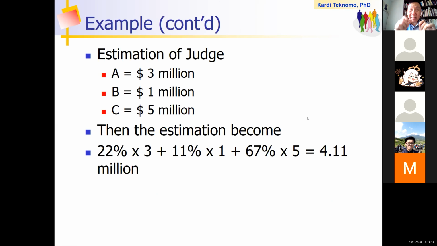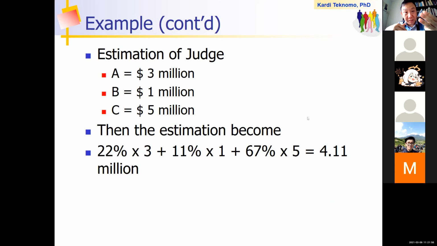If it is a dice, the probability is 1/6. That is based on theory. Second way is based on data. That means you calculate based on relative frequency. How much is the frequency of that event divided by the total frequency. So that is probability based on data.